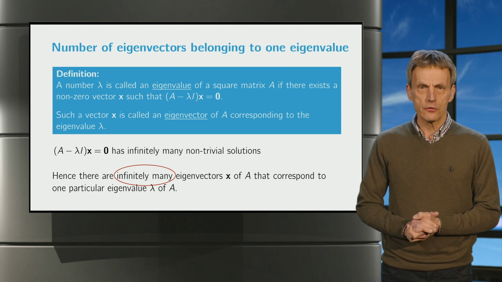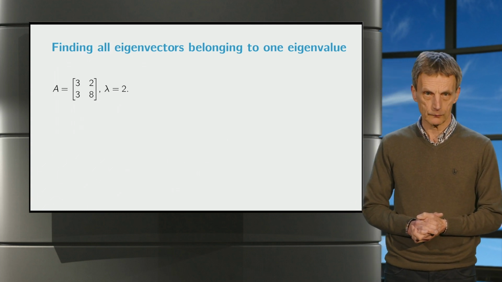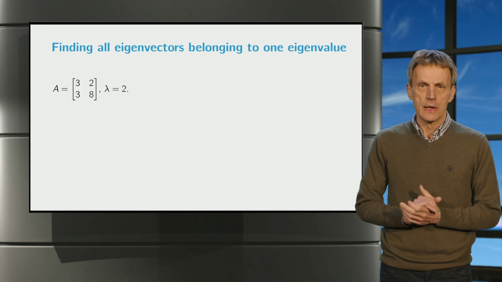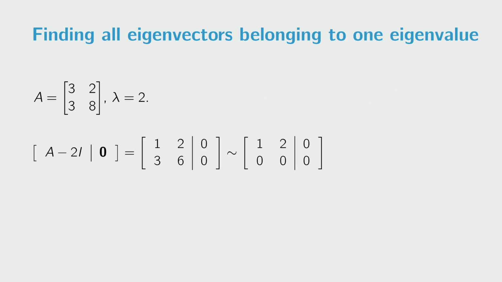Let's illustrate this by further developing our first example from the previous video. We've seen that the number 2 is an eigenvalue of the matrix 3, 2, 3, 8. To find all eigenvectors, we need to solve the system (A minus 2 times I) times x is equal to the zero vector. The augmented matrix of this system is row equivalent to the matrix shown here.